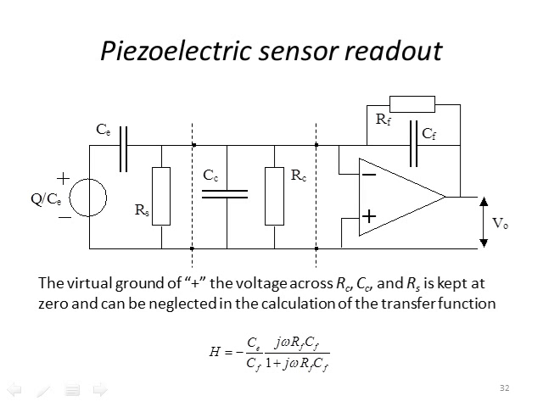Now, in this connection, as we talked about earlier, the virtual ground at the negative terminal effectively shorts RC, CC, and RS.